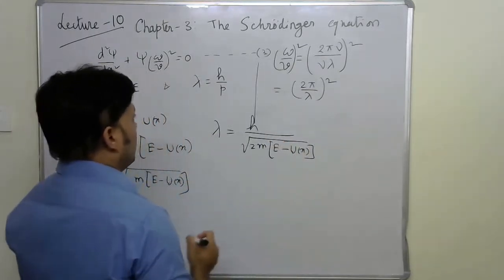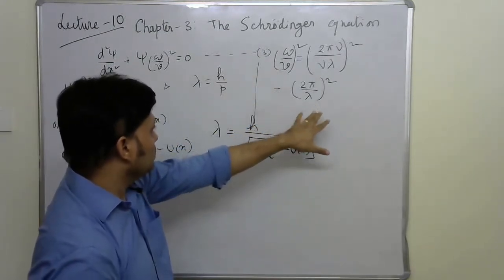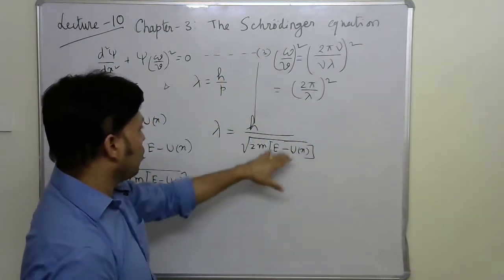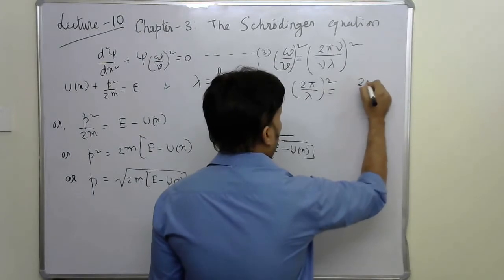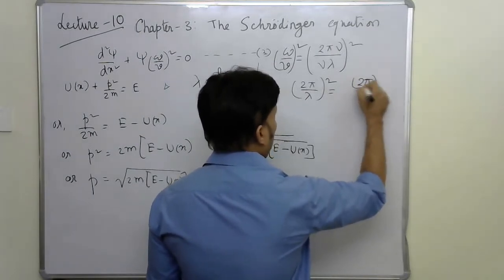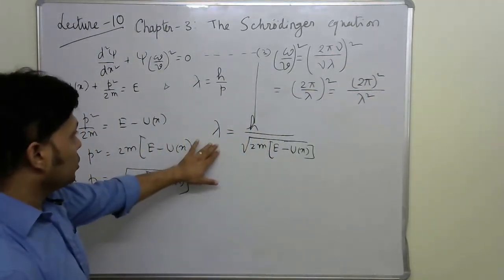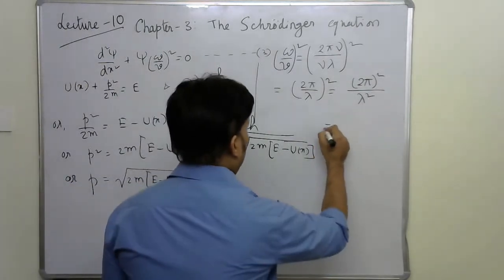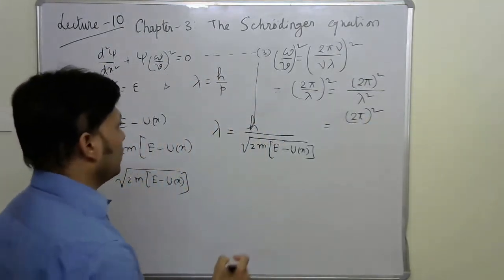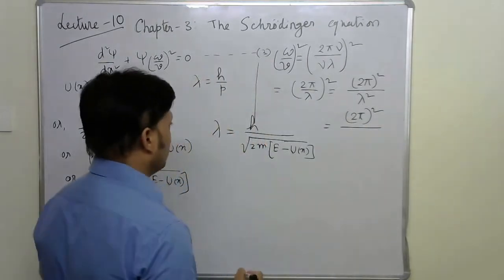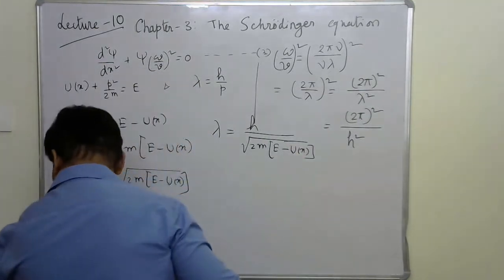All right. Now our ultimate goal is to convert omega by v into terms of h and energy. Therefore, from this we can write that this is (2π)² divided by λ². So what is lambda? This is lambda. We can write the lambda square value as (2π)² divided by h², and here we have to write the top part.